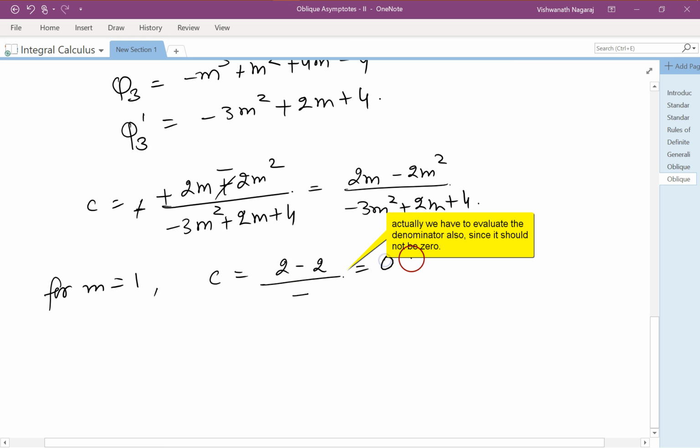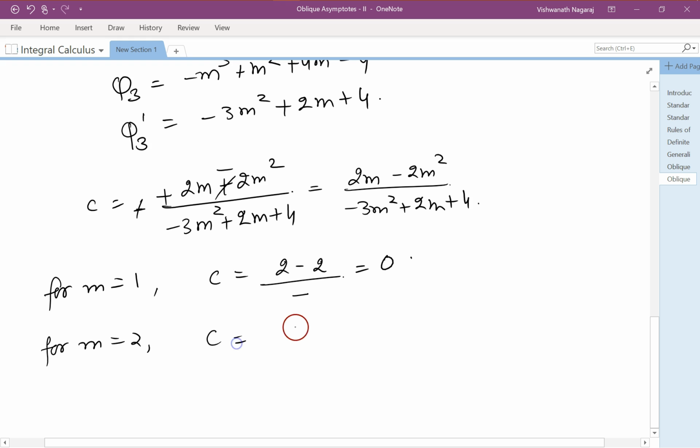So equal to 0. Okay, for m equal to 2, c is equal to 2 times 2 is 4 minus 2 times 2 square is 8, by −3 times 2 square is 4 plus 2 times 2 is 4 plus 4.